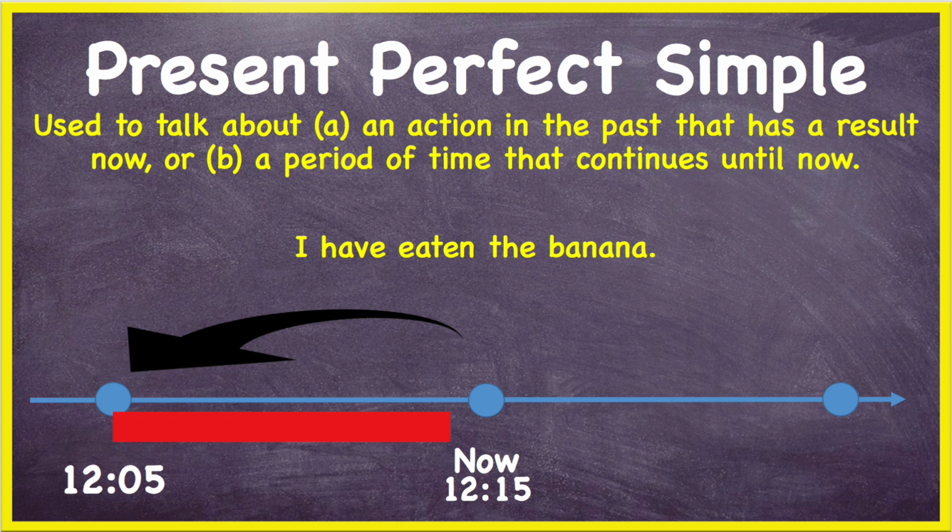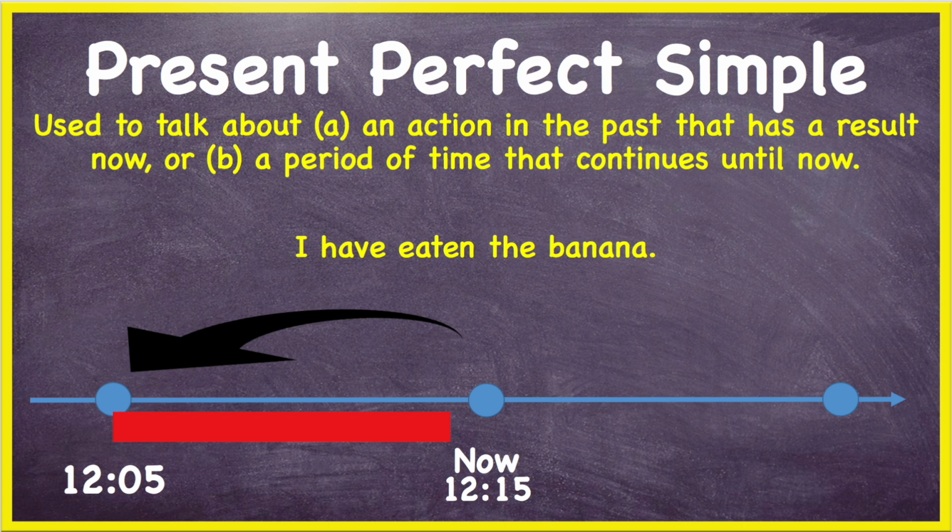And a period of time that continues until now, you can say, I have lived in India for 2 years, for example, right? So you have to say the period of time afterwards, right? At the end of the clause. So maybe it's, I have studied English for a long time, right?